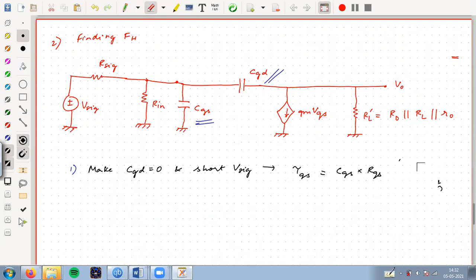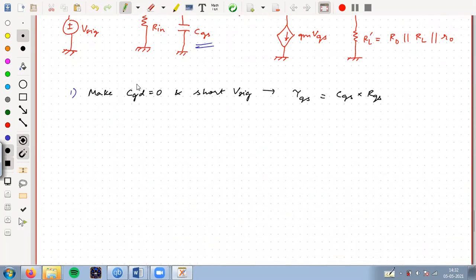If I draw the equivalent diagram, it will look like this. I have shorted V signal. I will get R signal like this, then I will get Rn like this. The resistance seen in this direction is basically RGS.